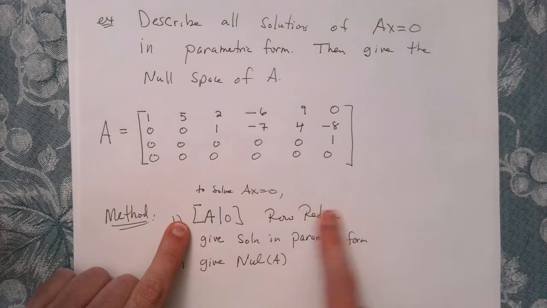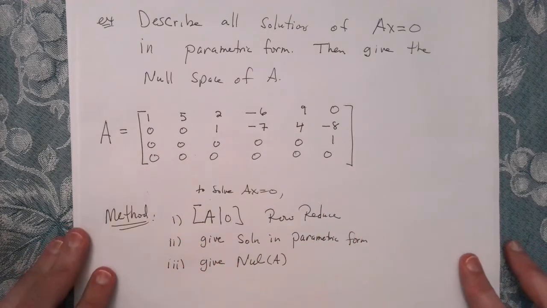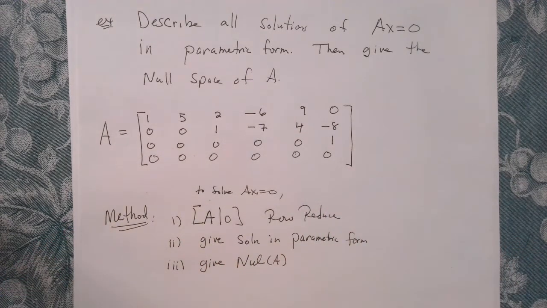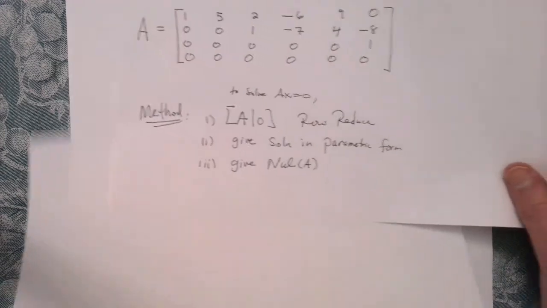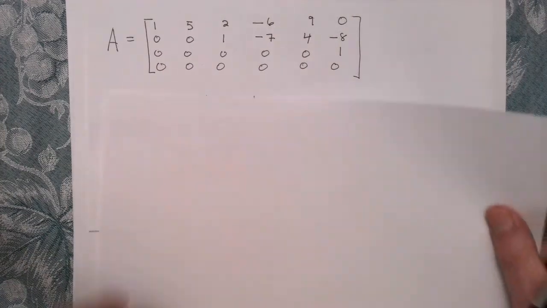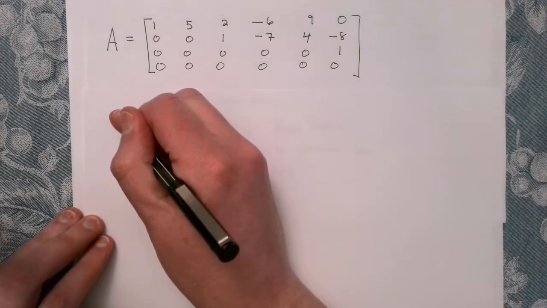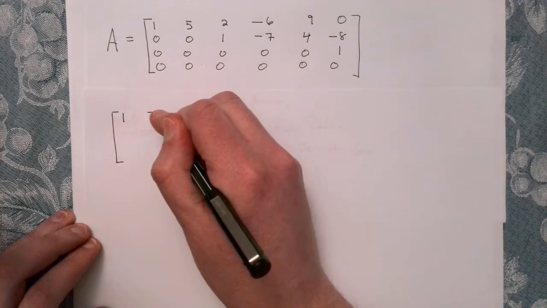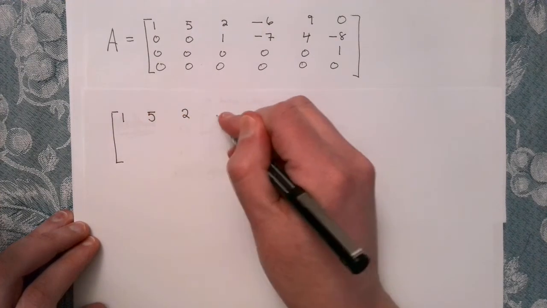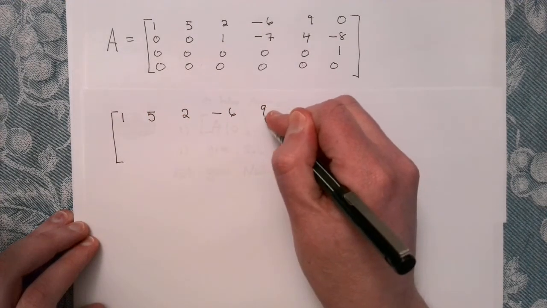Okay, so here we go. So we want to take our matrix A, and we're going to start to row reduce this. So I think we're actually going to show this. So we'll do this one in full. Again, for a test, anytime you have to row reduce, just as a reminder, you've got to show that.